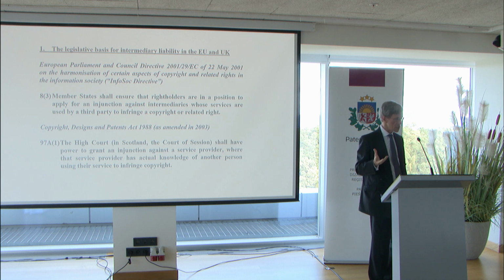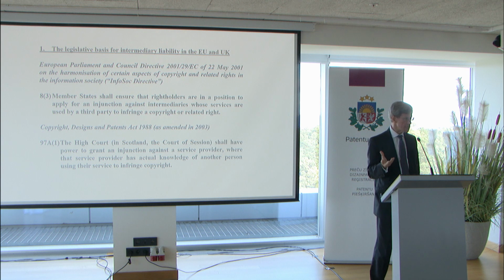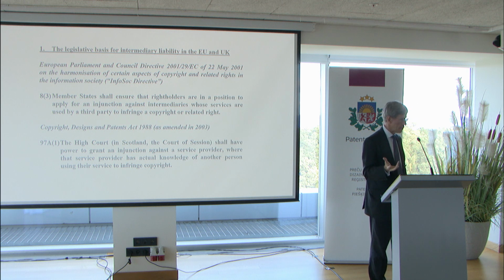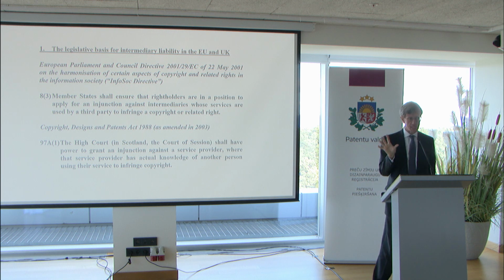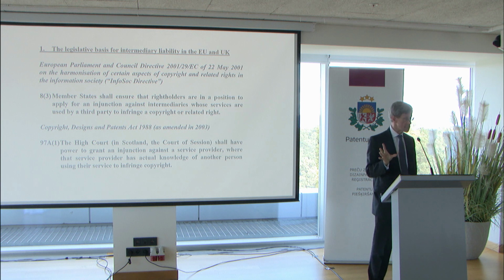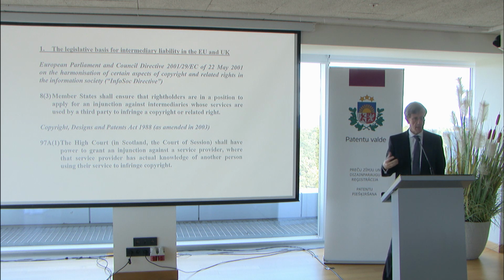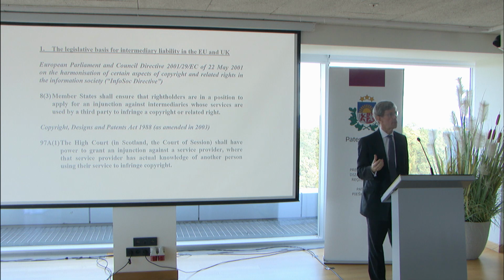Our second basis is accessory liability, sometimes also called secondary liability, also sometimes called contributory liability. But I prefer the term accessory liability because I think it's clearer what we're talking about. So this is the liability of someone who does not themselves do the infringing act, but they are accessories. That's to say they help someone else. They assist someone else.